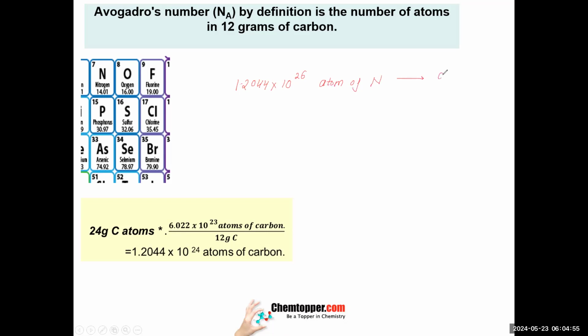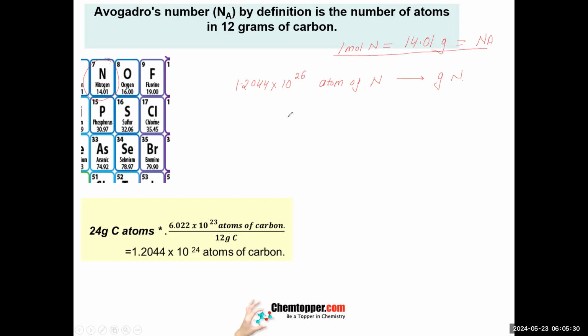Convert this into grams of nitrogen. So you know that 1 mole of nitrogen is... okay. Very good. Who has done this? Akash has already done it. You know this relationship, and you also know that 1 mole of nitrogen atoms is Avogadro's number. So use this ratio. Let's see whether Akash is right or wrong.